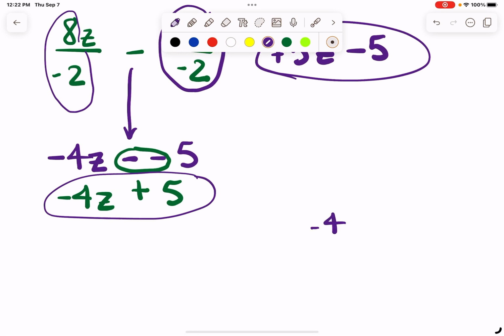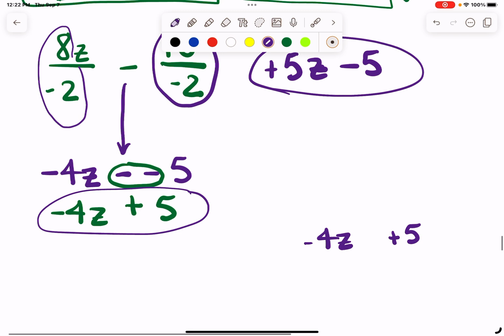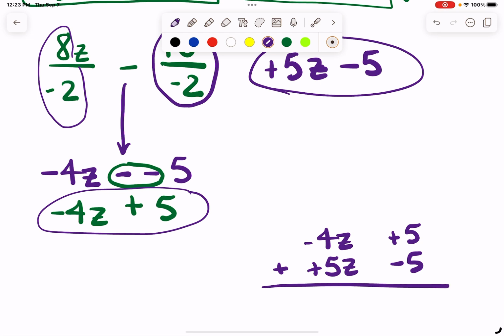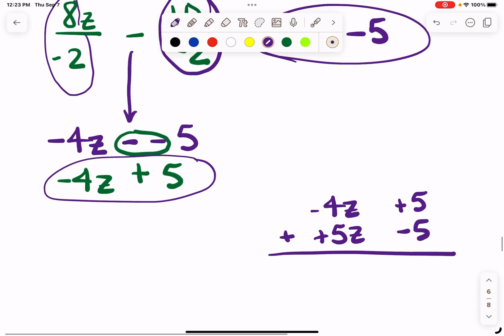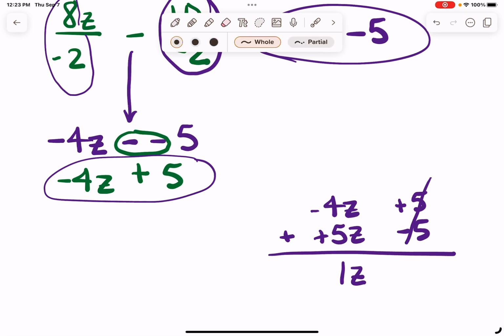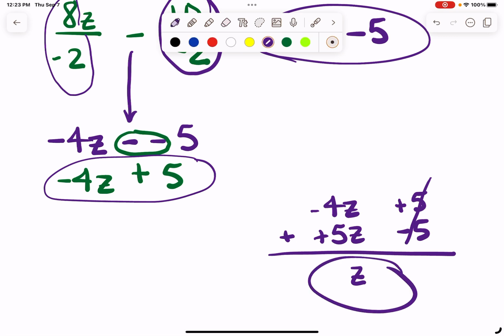So if you have this, and this, if I added them up like we were doing the other day, in this one, -4 plus 5 is going to be +1. And +5 and -5 cancel out. So in this one, the only thing I'd really do is drop that 1. Okay, and that's going to be your final piece.